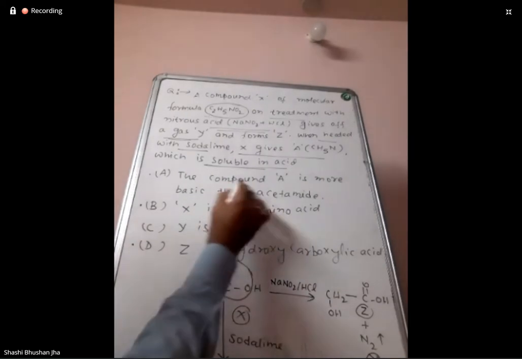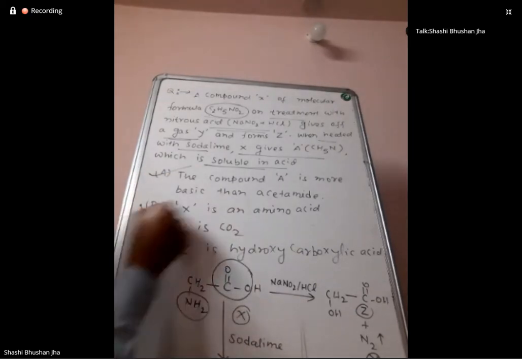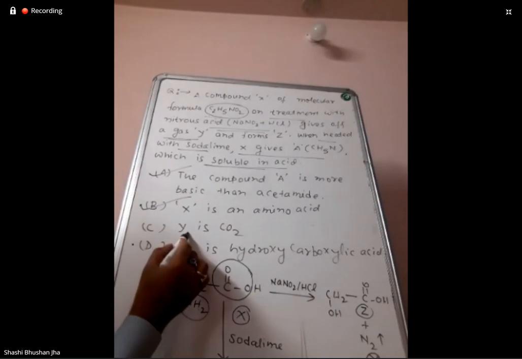It is said that compound A is more basic than acetamide. Methylamine is more basic than acetamide. Amides are hardly basic, they are basically neutral. So this is correct. X is amino acid, this is the amino acid glycine. Y is carbon dioxide, it's wrong, it is nitrogen. Z is hydroxycarboxylic acid, this is hydroxycarboxylic acid.